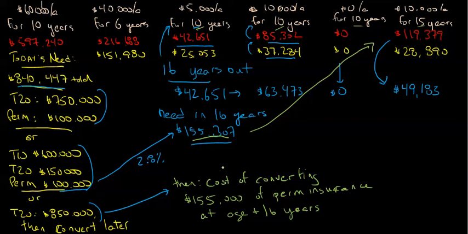I know it's a fairly involved way of doing a needs analysis, but I would suggest it's a more robust needs analysis than what we're accustomed to seeing, because it not only describes the amount of insurance, and I believe with a fair bit of precision, but also it helps us to select the types of insurance that will be needed, to estimate the cost of those insurance policies down the road, to be able to make decisions like when is conversion going to be appropriate, when it's going to be appropriate to lapse a death benefit.